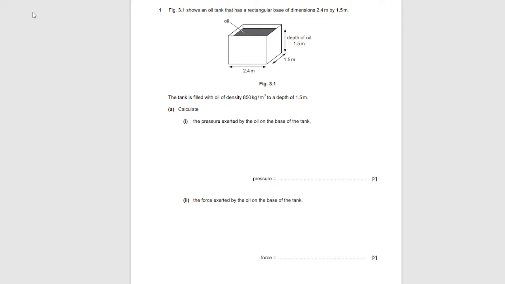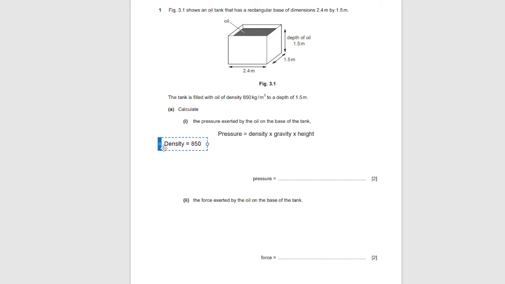So let's start off with the formula. Since oil is a liquid, we're going to use the pressure in liquids formula, which is pressure equals density times gravity times height.